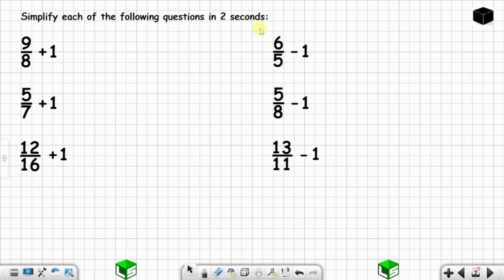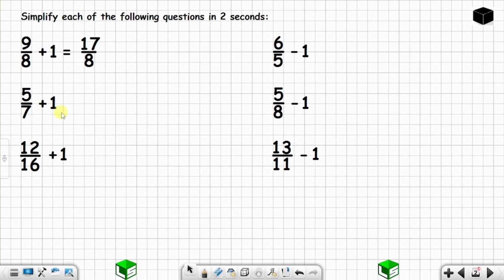Because you have plus, you are going to start from the top plus what you have at the bottom. So 9 plus 8 is 17 over 8.